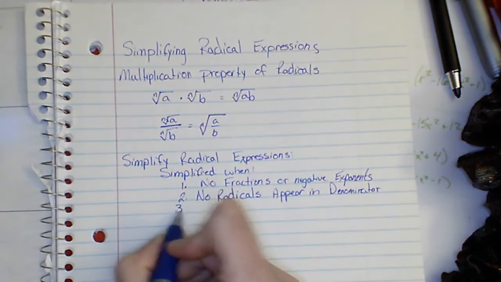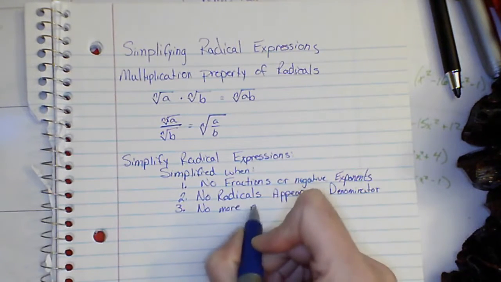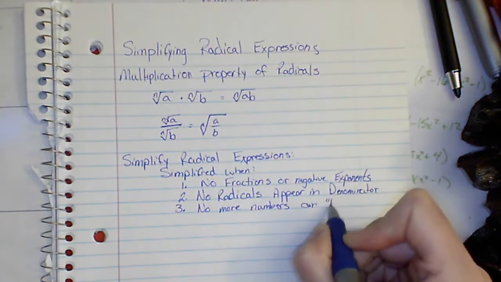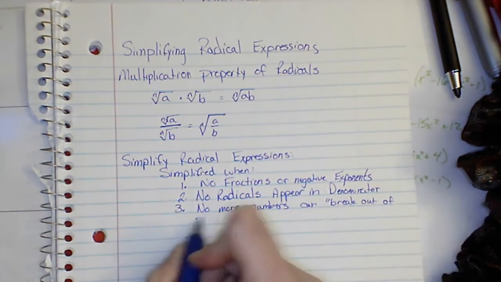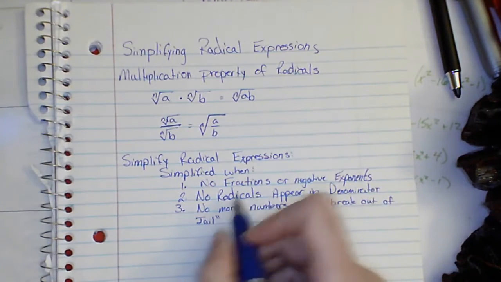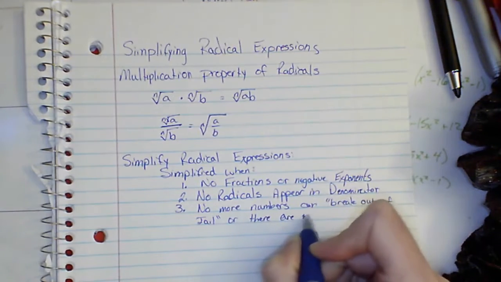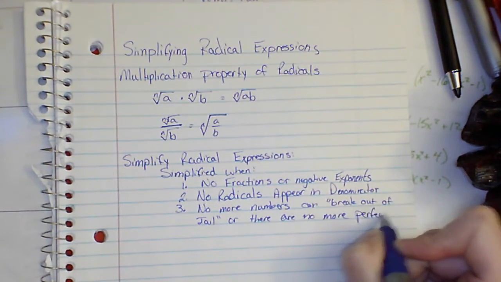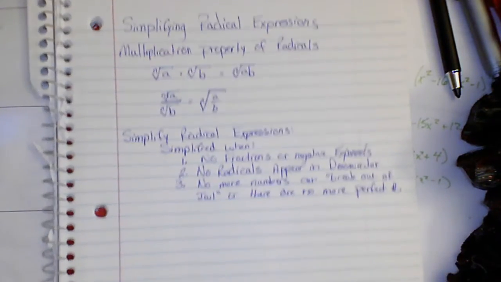And 3, no more numbers can break out of jail, which we will see here in a little bit, or there are no more perfect numbers, meaning you cannot simplify it further.